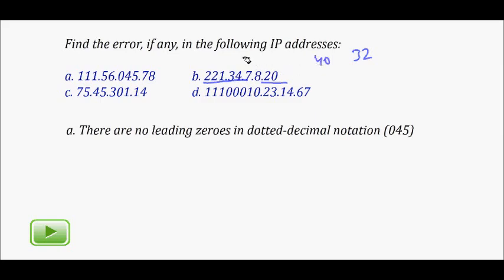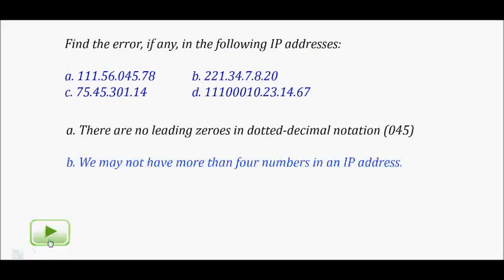Now here you have 5 dotted numbers. So this is not correct, it's in fact 40 bits. So you are wrong here, the number of bits is 40. So this is incorrect. We may not have more than 4 numbers in the dotted IP address because it would be more than 32 bits.